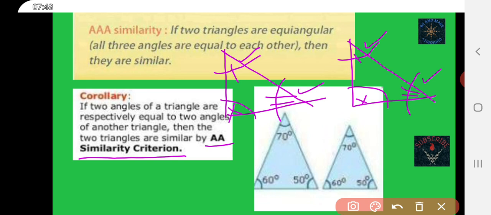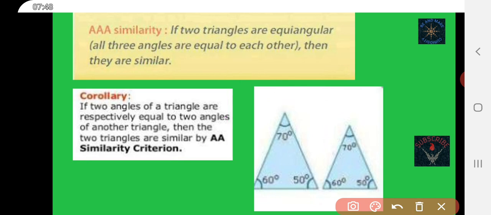Okay friends, here you see AA similarity criterion. This angle corresponds to this and they are equal. This angle corresponds to this angle and they are equal. So you can say AA similarity criterion is satisfied and they are similar.